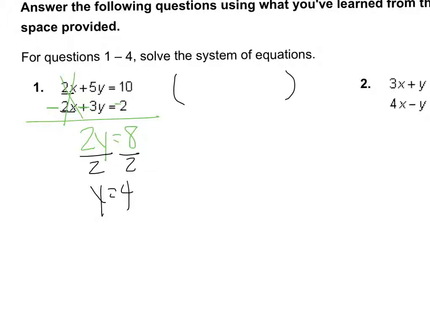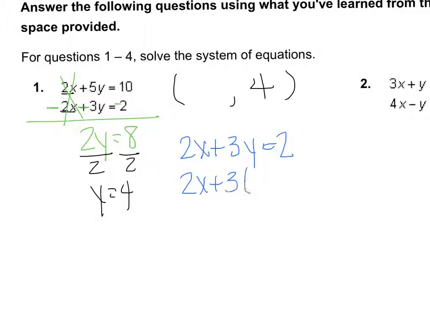So for my answer, I know I'm going to write it in an ordered pair form. My y value is 4. So now I need to solve for x. So I'm going to pick one of my equations. It doesn't matter which one. So I'm going to pick my original, 2x plus 3y equals 2. So I'm going to plug in 4 for y because that's what I found y was when I solved.